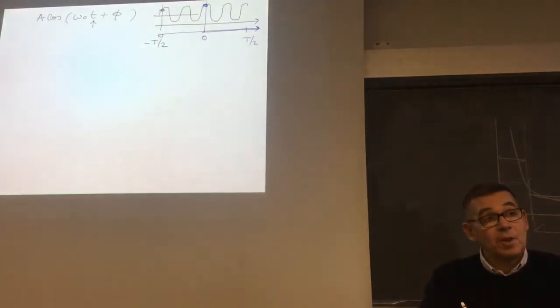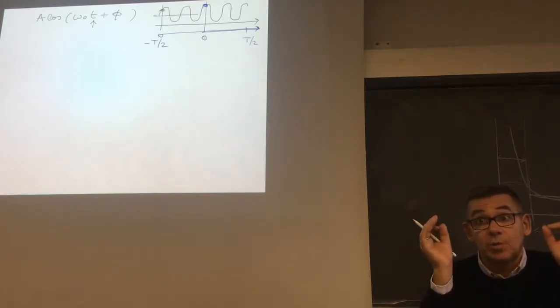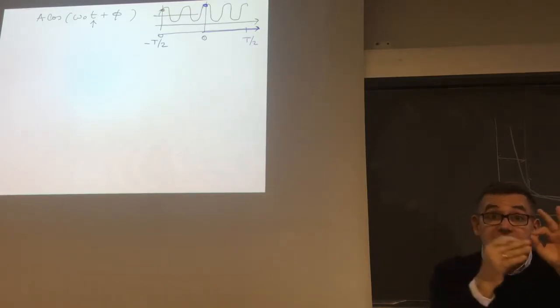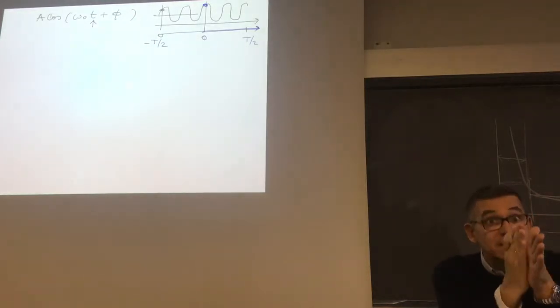So if the goal is to estimate the phase, then I should clearly define what the experiment is, and if the experiment includes that the time window goes between 0 and capital T, then the phase is measured in 0.